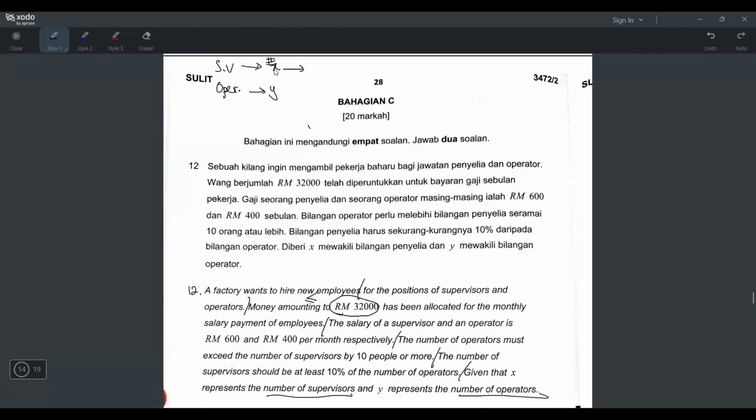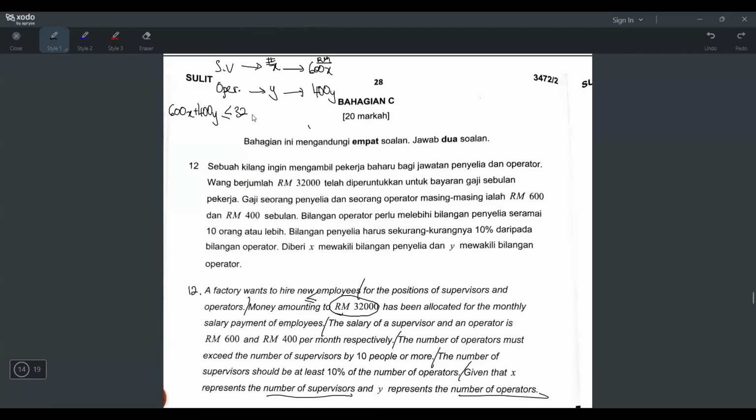So if you have X amount of supervisor, then the total salary is 600X. And then Y will be operator, 400 ringgit, but there's Y number of operator, so 400Y. And this one I write RM here because it's salary, right? And we can already write our first inequality, 600X plus 400Y cannot more than 32,000.